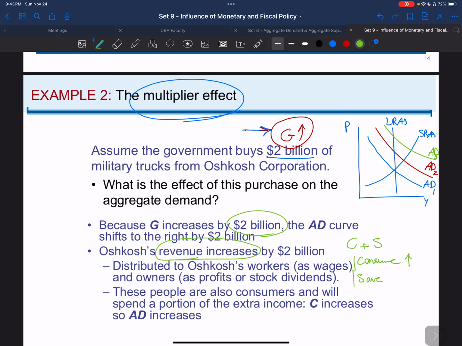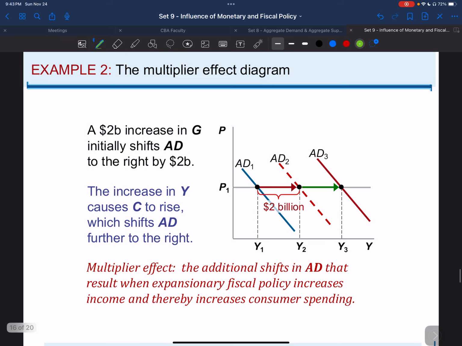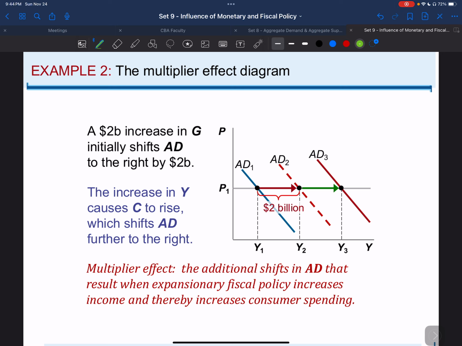So you see, this government's expenditures not only shift the aggregate demand, they also have a multiplier effect by affecting the consumption of the people. We're going to talk about the real life examples on Tuesday, how, for example, in the case of the government spendings during COVID, we will see similar results on the real data.